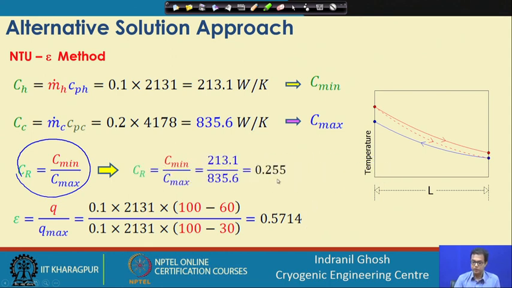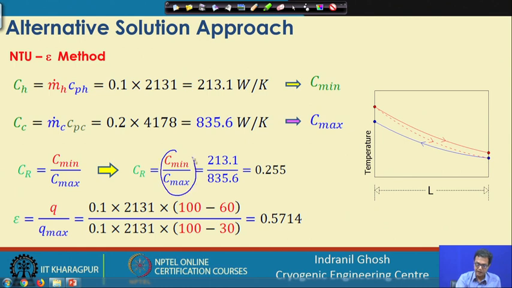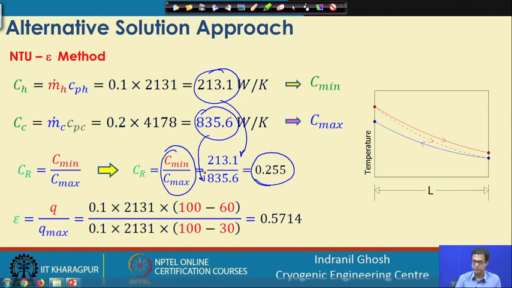Here C min is in the numerator and C max comes in the denominator, so this gives a ratio of 0.255.